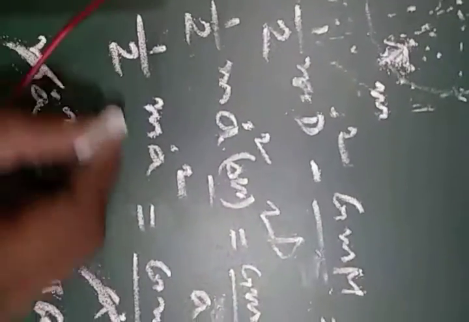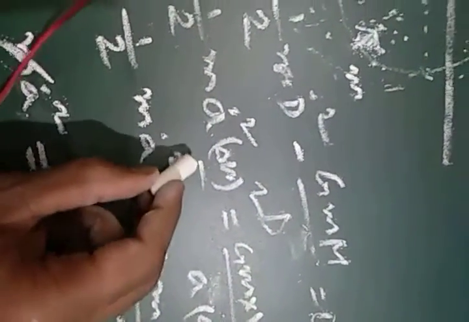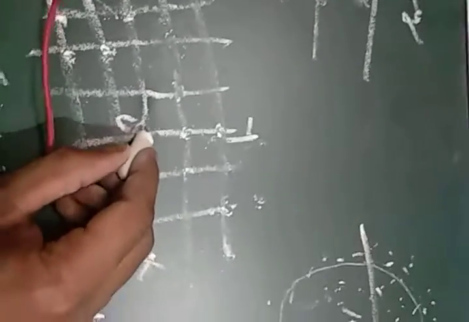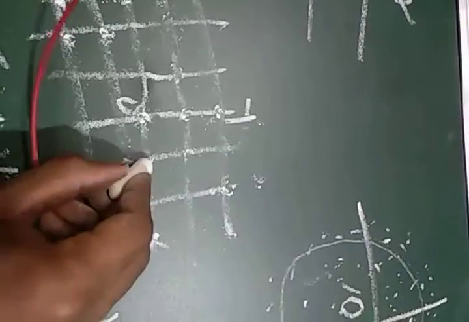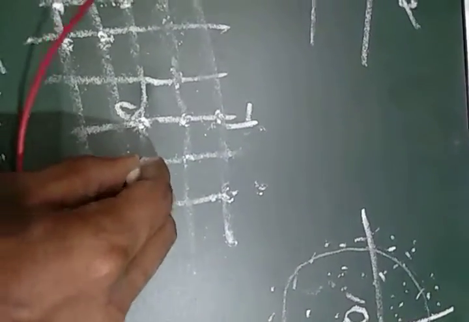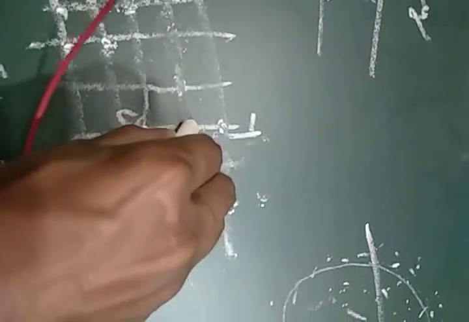Then half into mass into a dot square, we take del r to be equal to 1.